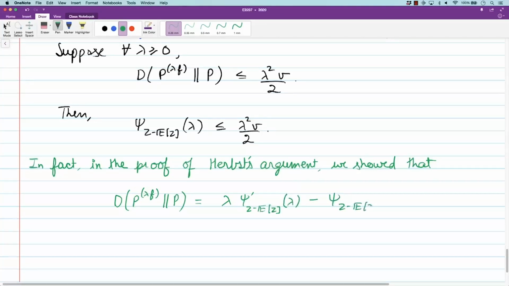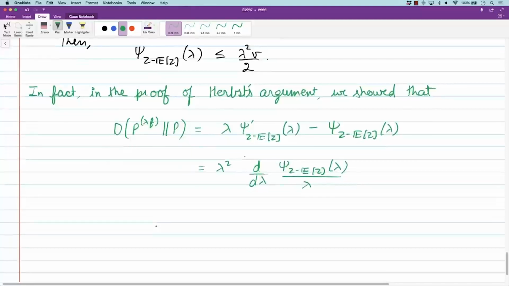This is what we were calling g in that proof. So you can take out lambda square, and what we can observe is that this is the derivative of this ratio by lambda.